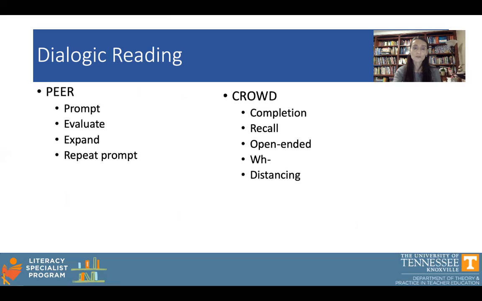So I showed you this process because this is the PEER plus CROWD developed by Lonergan and Whitehurst in 1998, but it has been studied extensively in different studies and in different contexts. So the PEER is when there is the prompt, and then this prompt will take the form of CROWD.